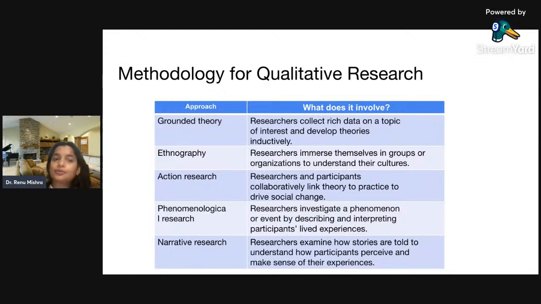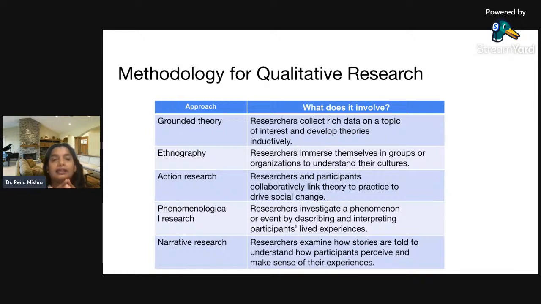For example, in action research, you're basically relating the data you have collected to any established theory. When you're talking about the grounded theory approach, you are collecting information on a particular topic from different sources, and you are going forward towards a concrete interpretation.